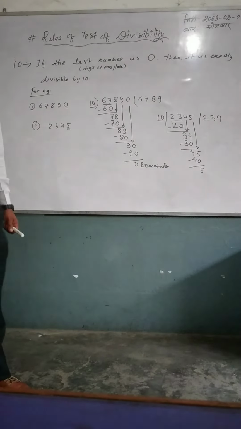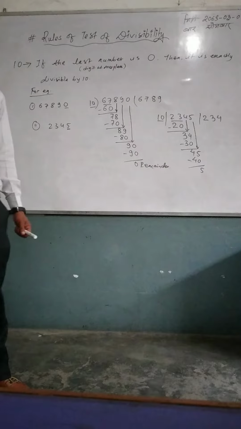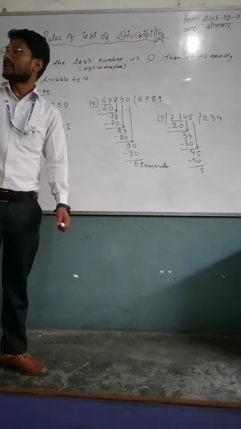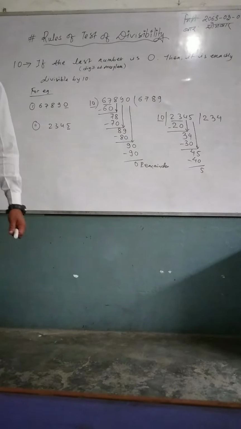By 6, the process is the same as 3, but the number should be even. By 9 also the same. Just add the numbers. If the answer is in the table of 9, then it will be exactly divisible by 9, no matter whether the number is even or odd. Only for 6, the number should be even. We learned 8, 6, 3, 2, every number. Yes, sir.